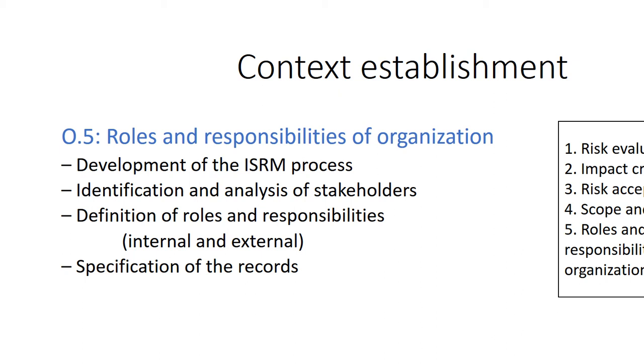We have to define the roles and responsibilities of the internal and external stakeholders, the parties that might be relevant for carrying out risk management. You also need the specification of the records that you need in carrying out the task. The organization and responsibility for the information security risk management process should be set up and maintained throughout the whole process.